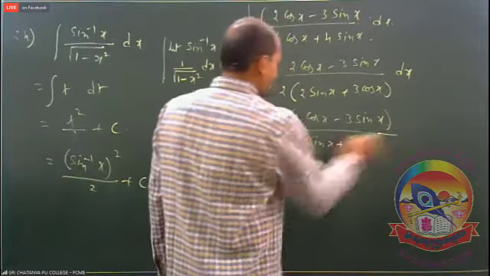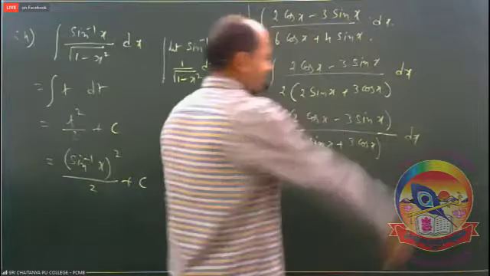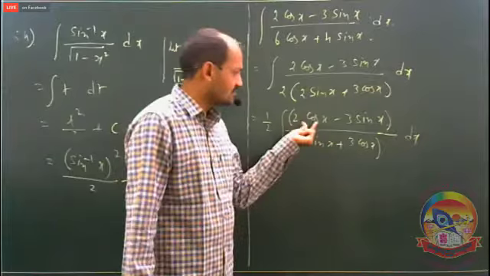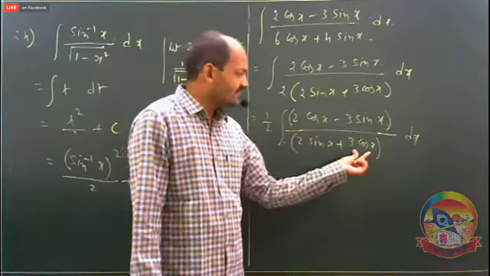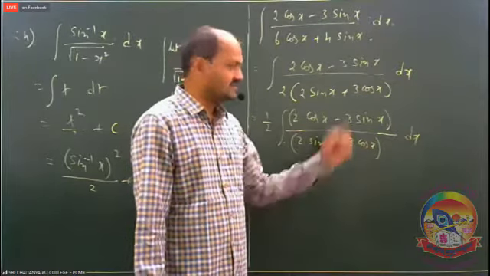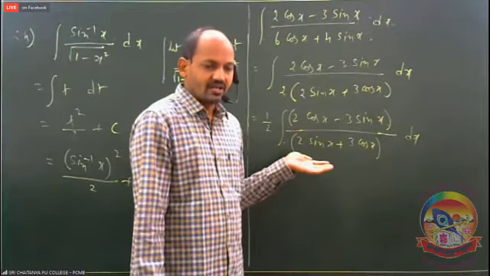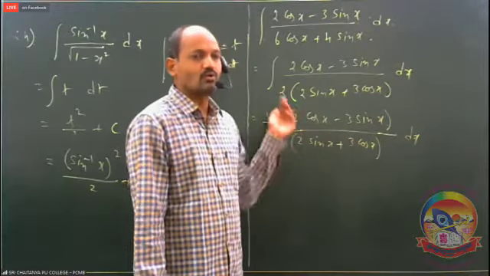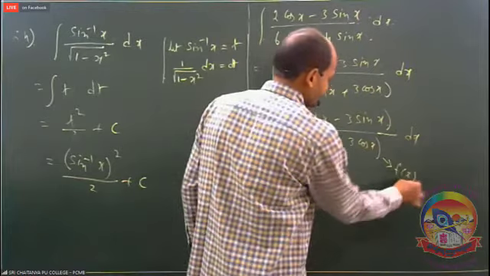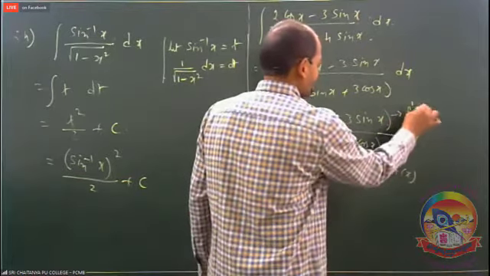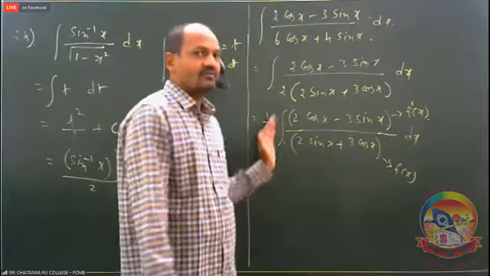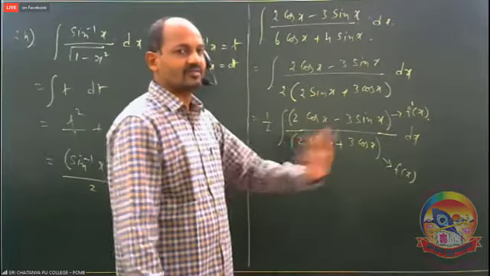Okay? Here the derivative of the denominator is equal to the numerator. Derivative of 2 sin x is 2 cos x. Derivative of 3 cos x is minus 3 sin x, since the derivative of cos is minus sin. So the denominator is f of x and the numerator is f dash of x. It is clearly the integral of f dash of x by f of x dx.